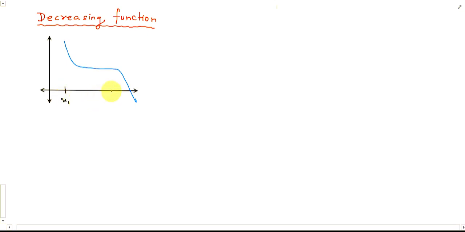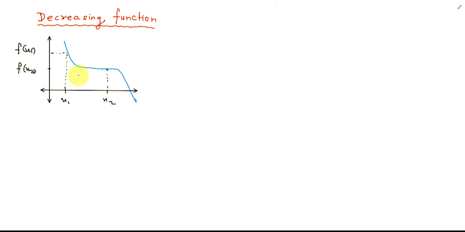Suppose this point is x1 and this point is x2. The corresponding value for x1 is f of x1 and for x2 it is f of x2.